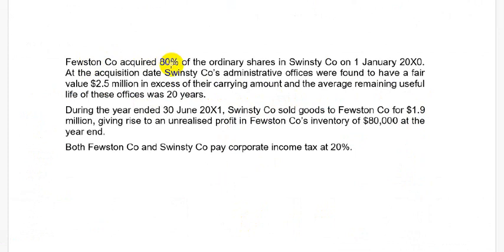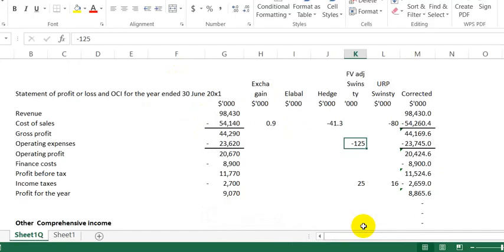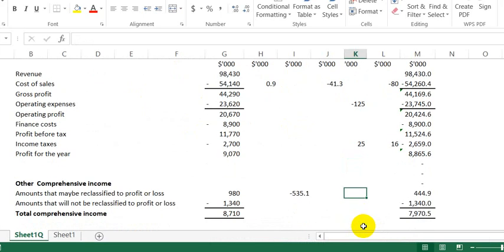So 80% and 20%. Equally, the unrealized profit also came from exhibit 3. Now remember that this fair value adjustment, you have taken out tax.